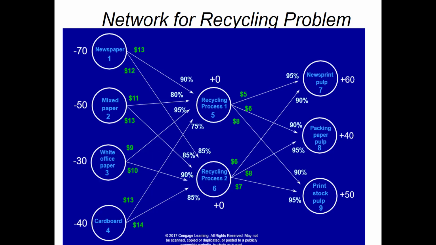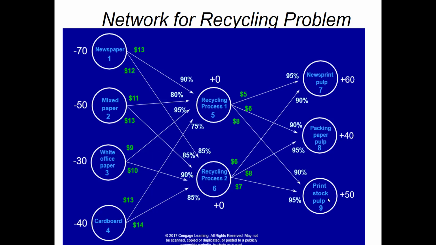Now, they have materials at the warehouse, for example 70 tons of newspaper, 50 tons of mixed paper, and others. They also have demands, like a contract to provide 60 tons of newspaper, 40 tons of packing paper, and 50 tons of print stock.